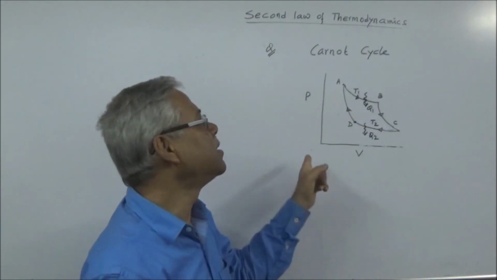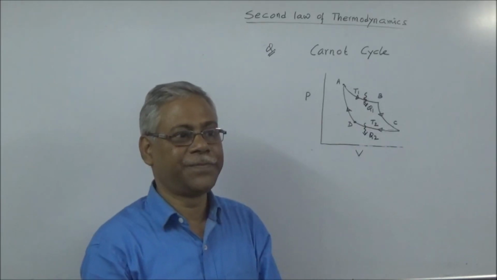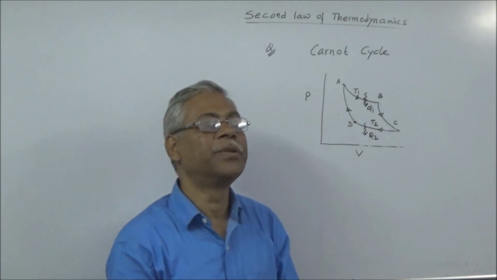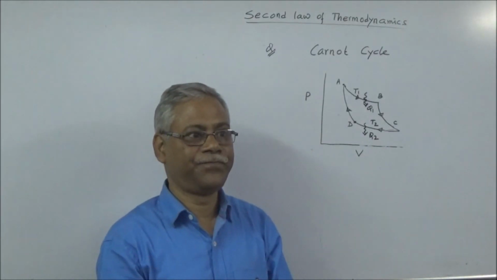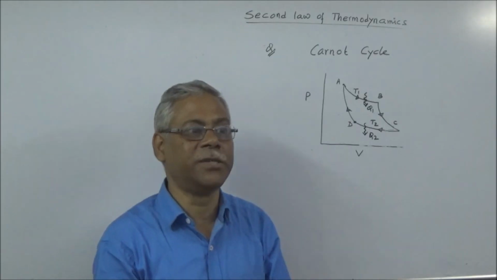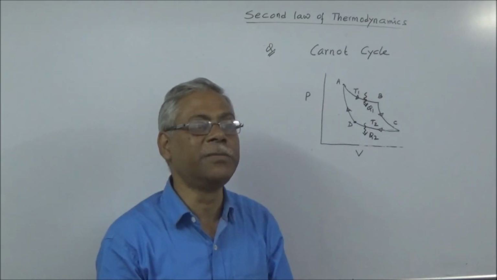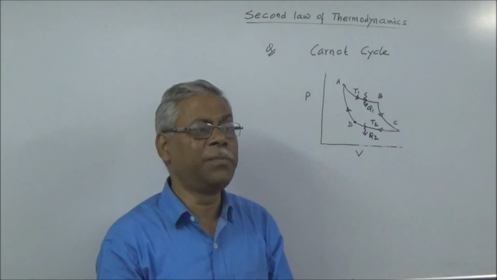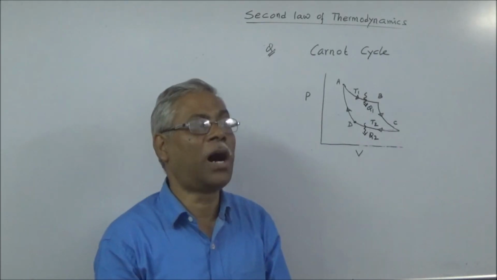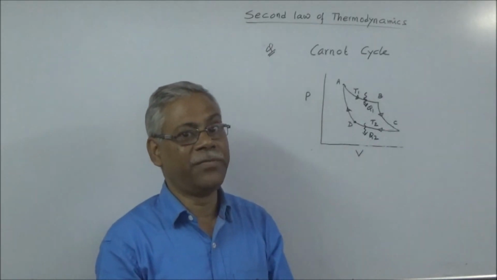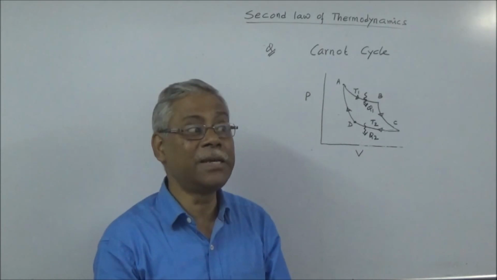Okay, why is a Carnot engine not possible? A Carnot engine requires all the processes to be reversible. What is a reversible process? Can there be a reversible process? Or are all the processes irreversible? Irreversible. Give an example.